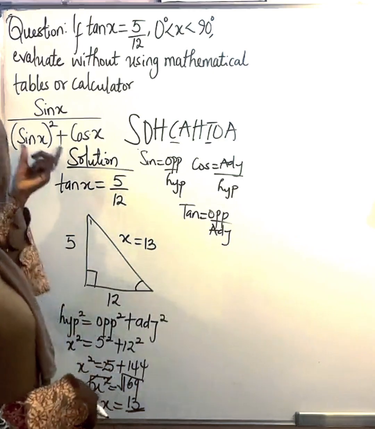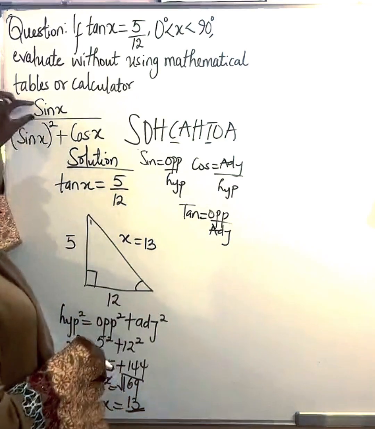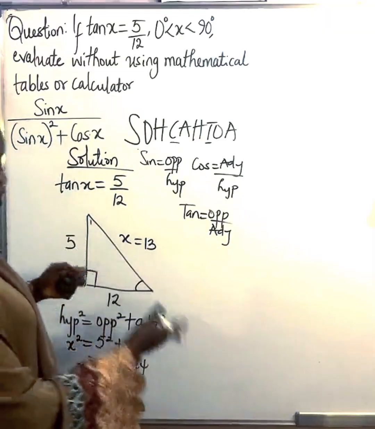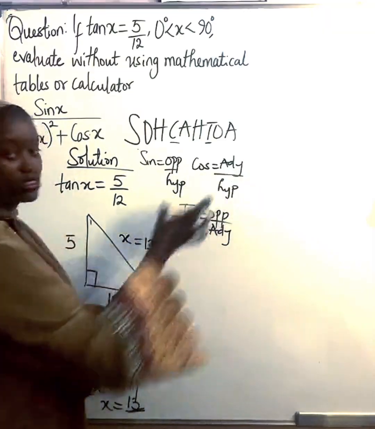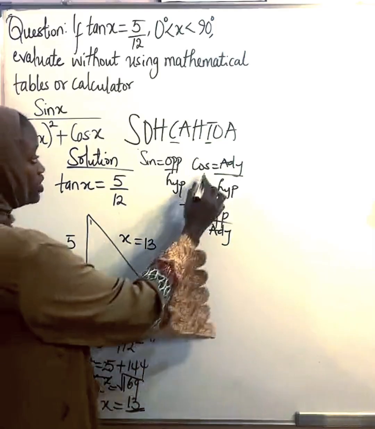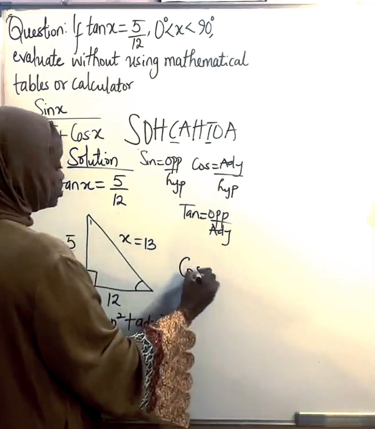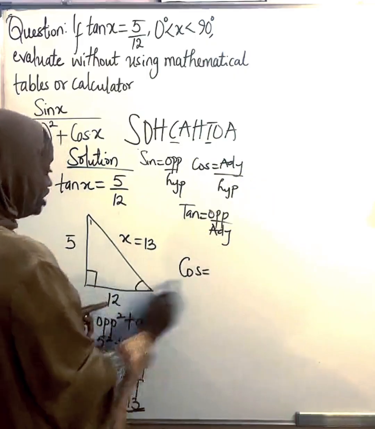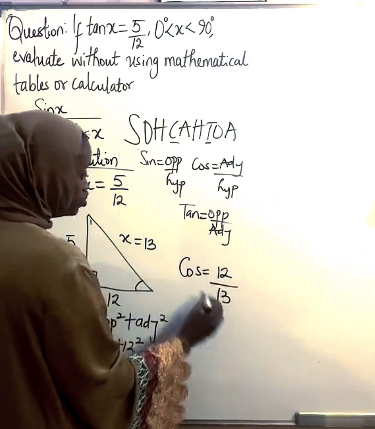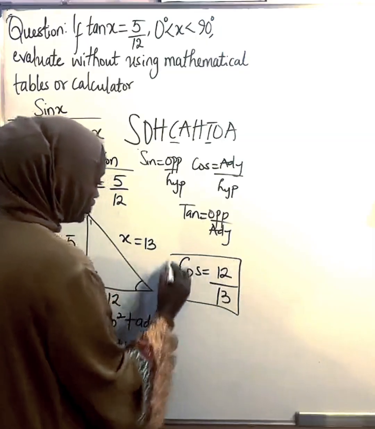The question is asking us to solve for sin x all over sin squared x plus cos x. So what we need next is the value of cos x, since we have gotten the value for the hypotenuse. Cos is equal to adjacent, which is 12, all over the hypotenuse, which is 13. So cos is 12 over 13.